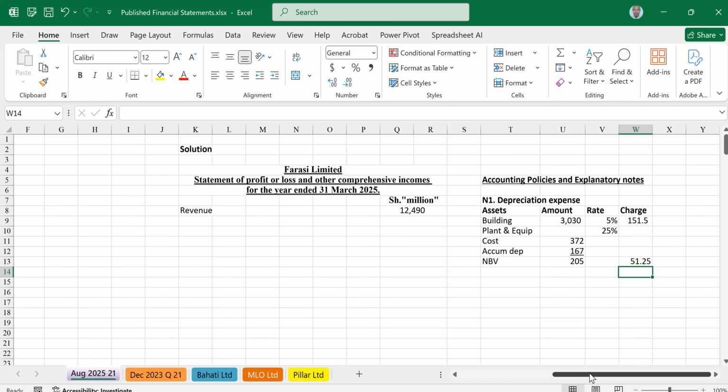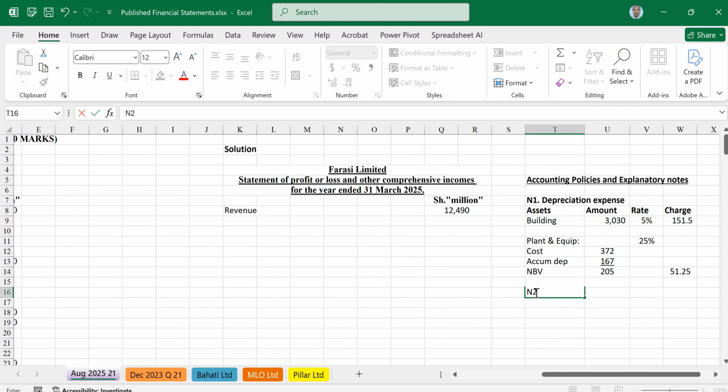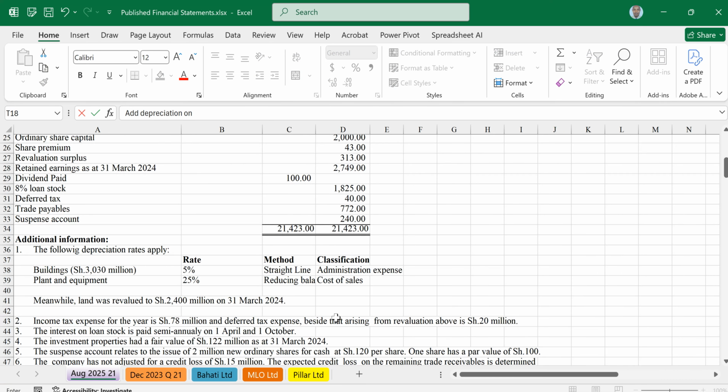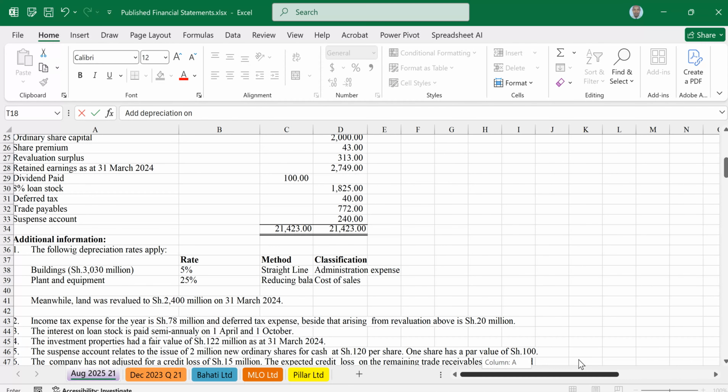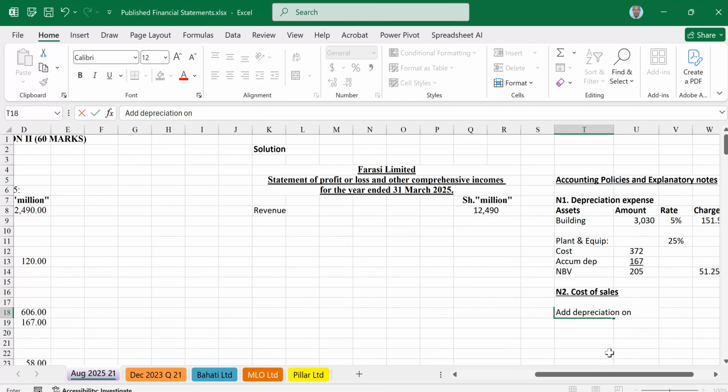Unless I used a wrong figure there. Now, note 2, cost of sales. We have the reported balance, then add depreciation on plant and equipment.